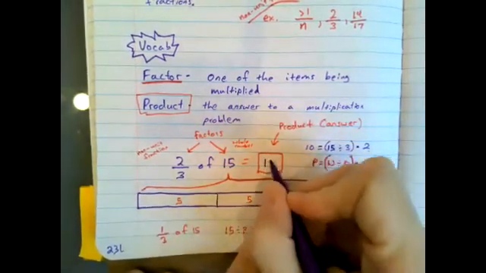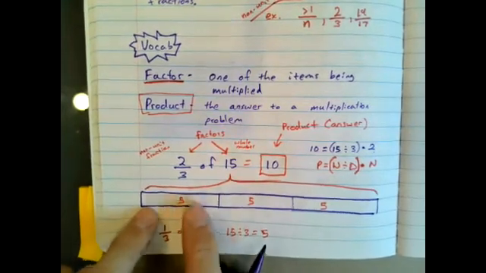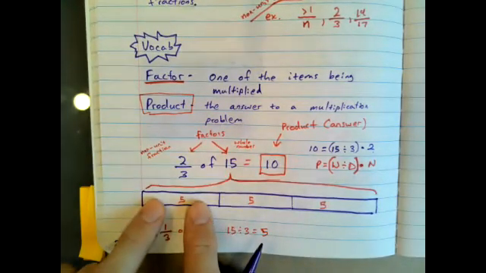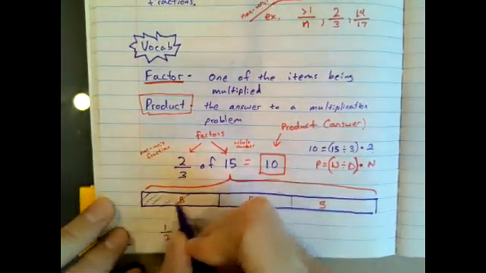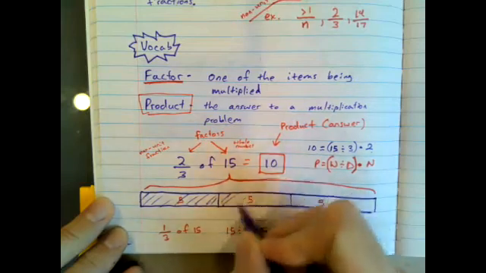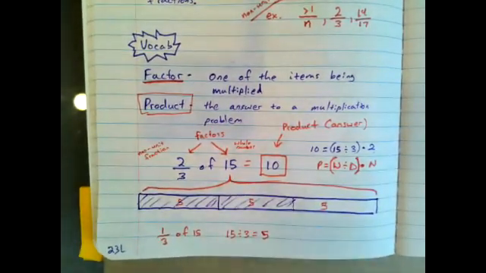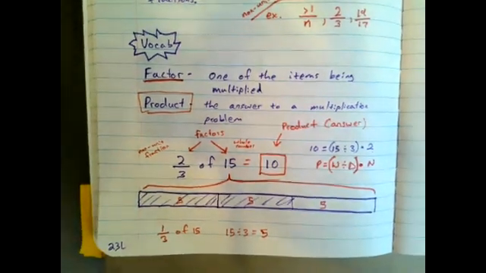So our answer should be 10. And visually, if we want to look at this, we figured out that the unit fraction of 15 would be 5. So if we're taking 5 and multiplying it by 2, our answer will end up being 10.